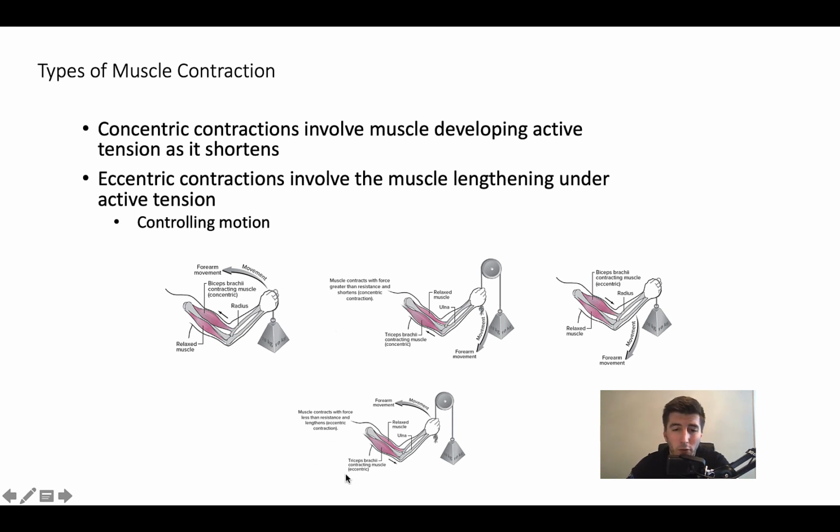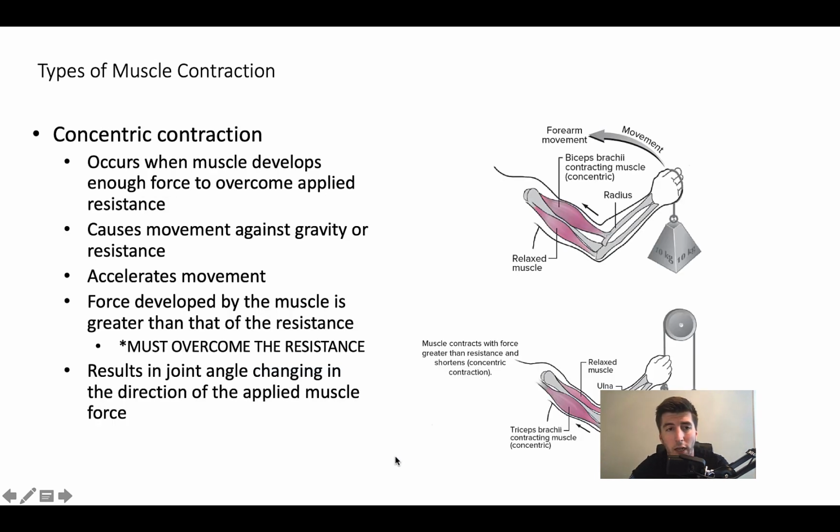In this final image, you can see that there is a net movement this way of closing the joint angle and trying to slow the rate at which this weight moves. And thus you have an eccentric contraction, or a lengthening contraction, a controlling contraction of the triceps brachii.